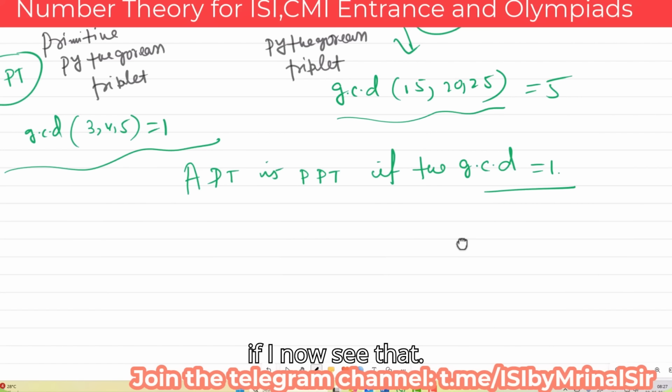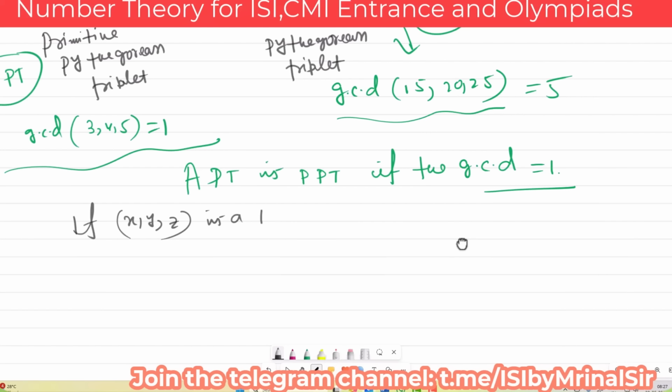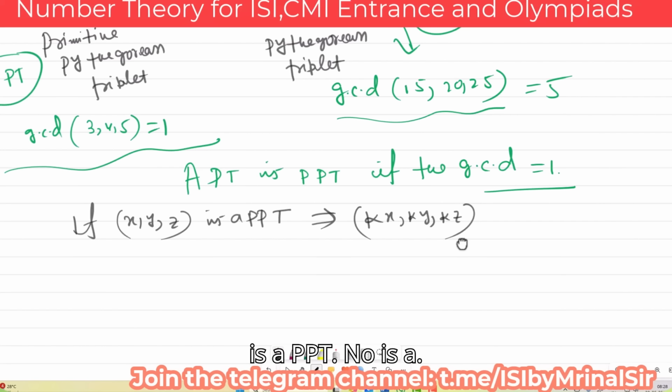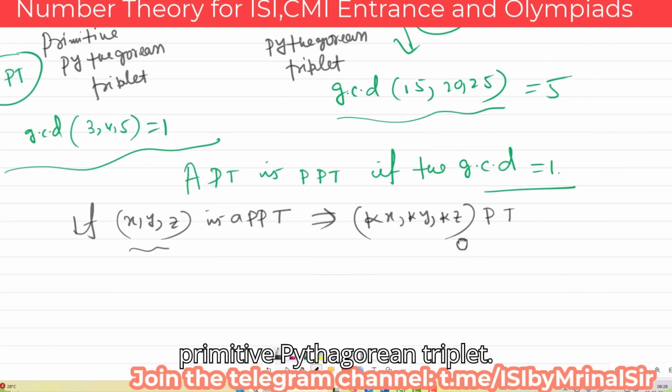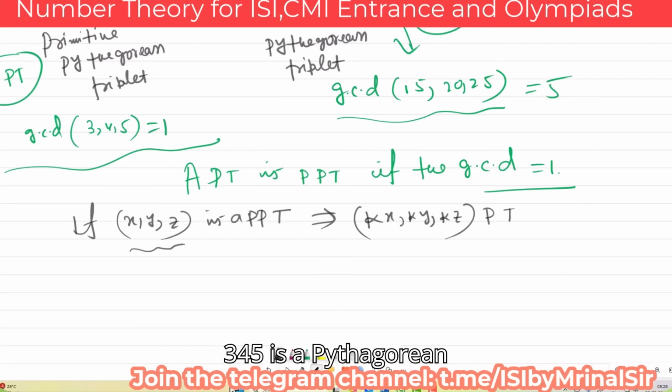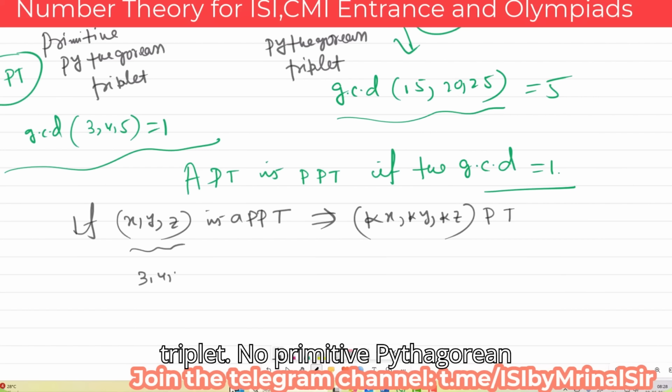If x, y, z is a PPT, a primitive Pythagorean triplet, then for k a positive integer, kx, ky, kz is a PT only, simply a Pythagorean triplet, but not a primitive Pythagorean triplet. 3, 4, 5 is a primitive Pythagorean triplet.